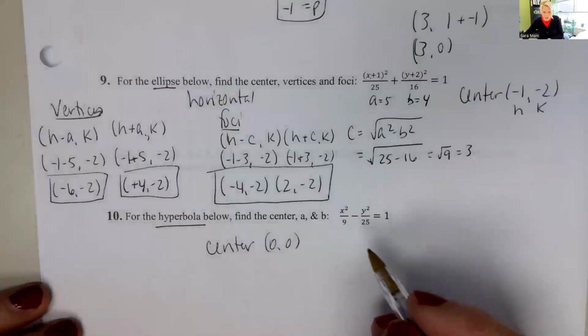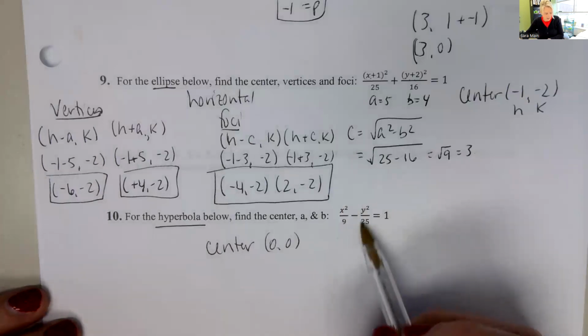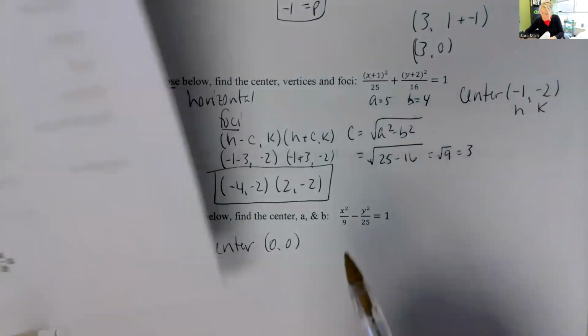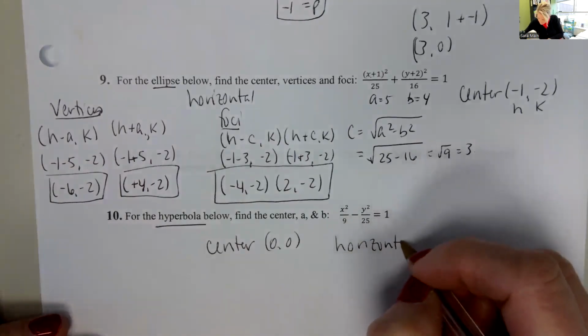And I just want to know what A and B are. When it's x squared minus y squared, it means it's a horizontal hyperbola.